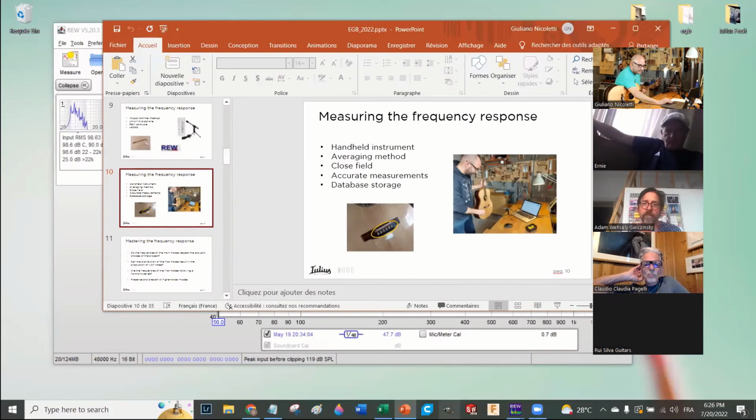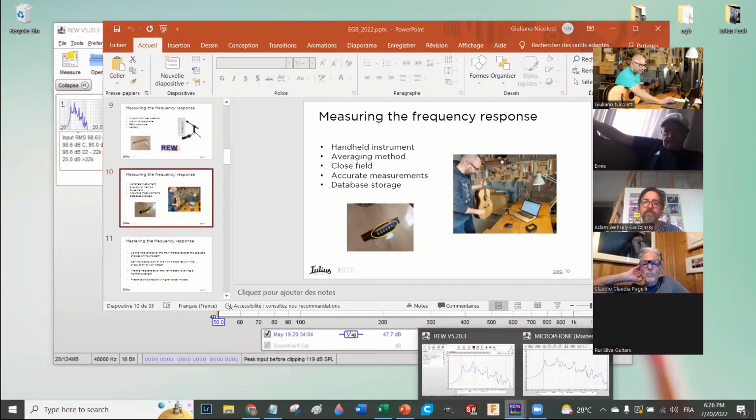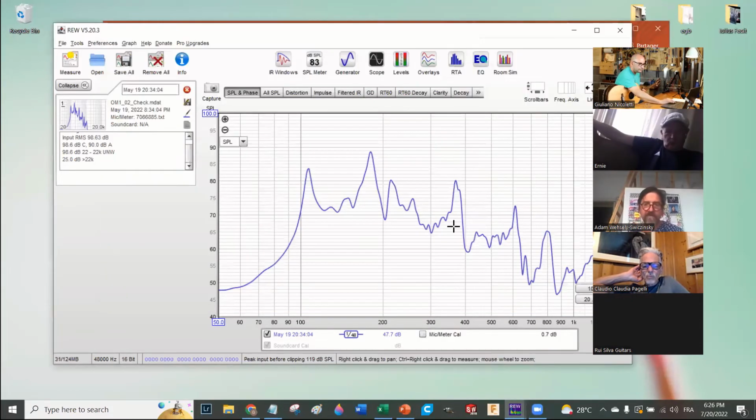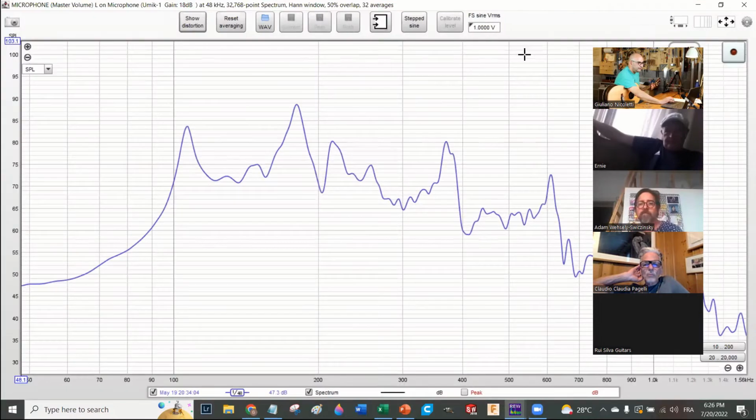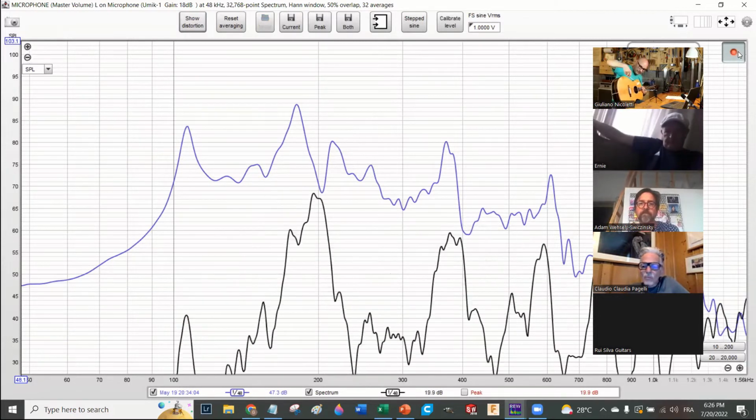You still see my screen, right? Yes. Okay. So now you can see this is the main measurement window of Room EQ Wizard. So I launch the measurement.